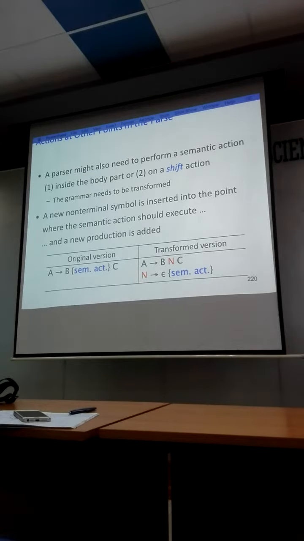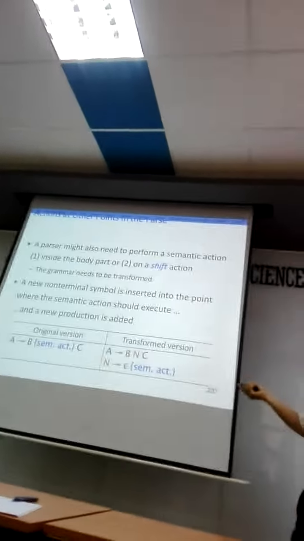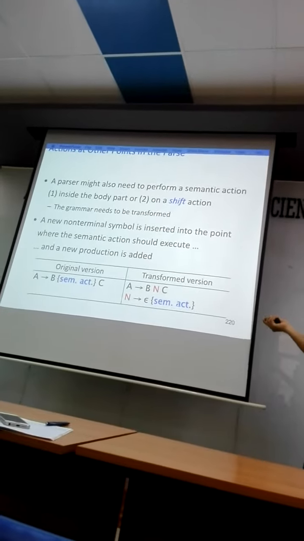I say again: for each semantic action, we create a new non-terminal symbol, and that semantic action will be replaced by the created non-terminal symbol. And then we add a new production in which the semantic action is in the right hand of the new production.